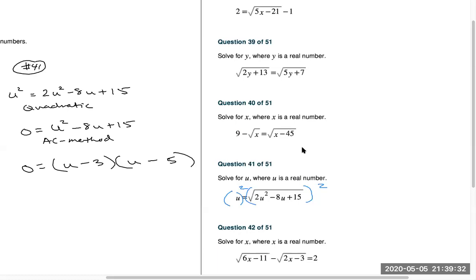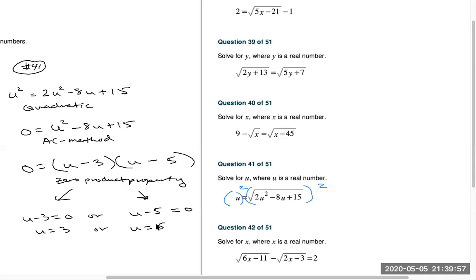Don't use it unless you're comfortable with it already. Okay, and then from here, you need to use the zero product property. Remember, that states that each of these factors can individually be set to 0. So u minus 3 equals 0, or u minus 5 equals 0. So u comes out to 3, or u comes out to 5.